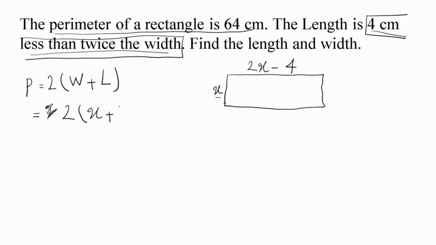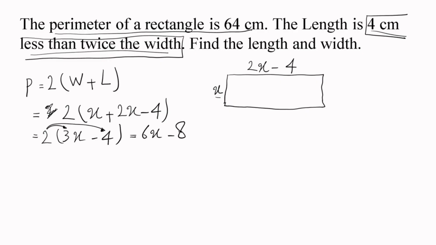It is 2x minus 4. I can simplify that. I can add these two terms. I'm going to have 2 times 3x minus 4. And I can even multiply 2 by both of the terms inside the parentheses. I'm going to have 6x minus 8.